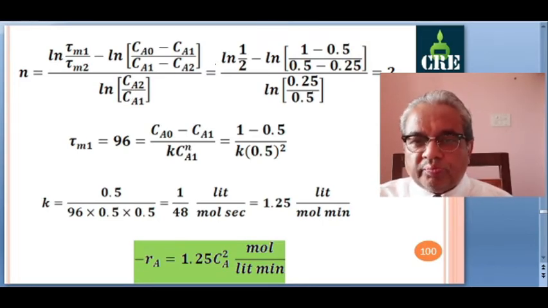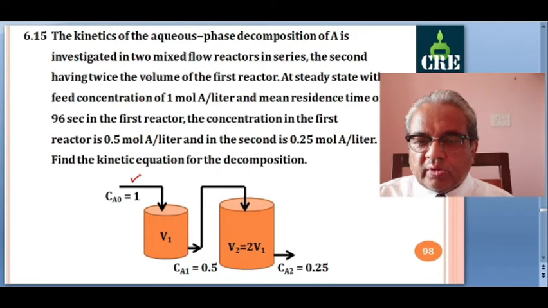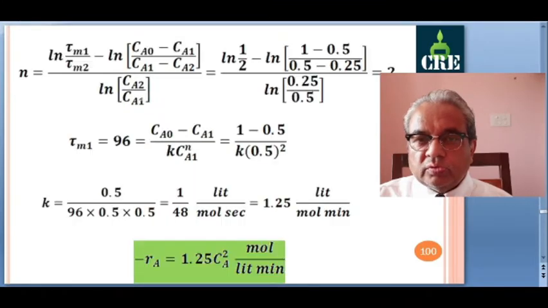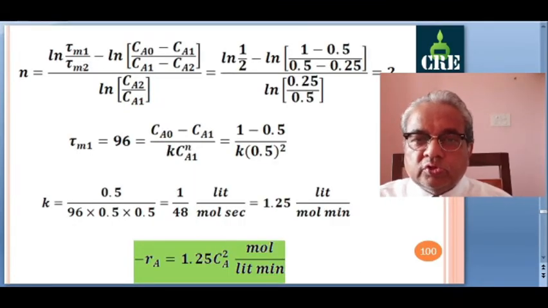So we know this value, ln of tau m1 by tau m2. The second one is twice the volume, so this is 1, then this will be 2, double.